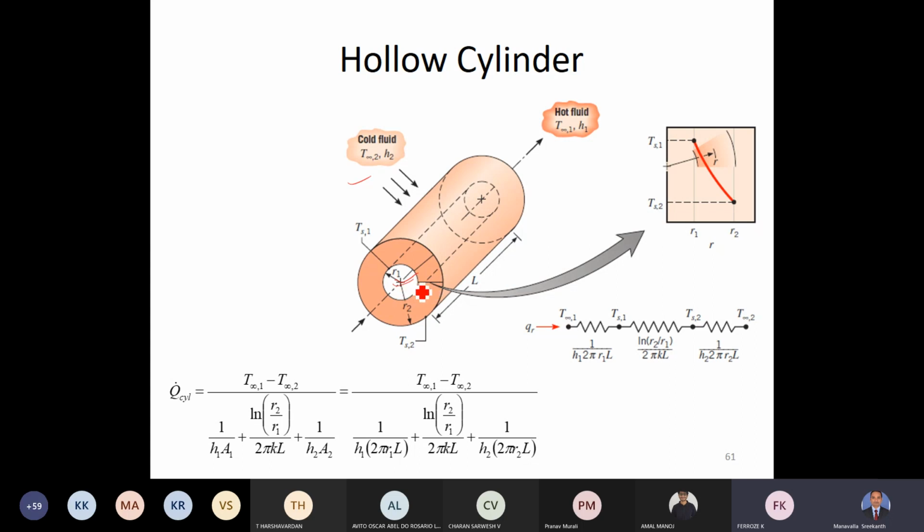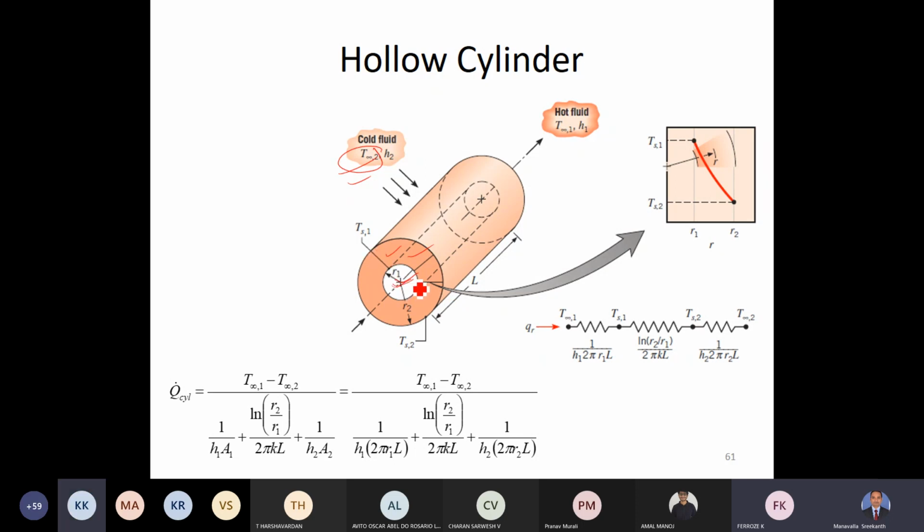So there is a cold fluid inside, and in between there is a solid surface. So this outside fluid offers convection resistance, the solid surface offers conduction resistance, and the internal fluid offers convection resistance. That means there are 3 resistances. The leftmost temperature is T infinity 2, and the rightmost temperature is from here to here, or T1.